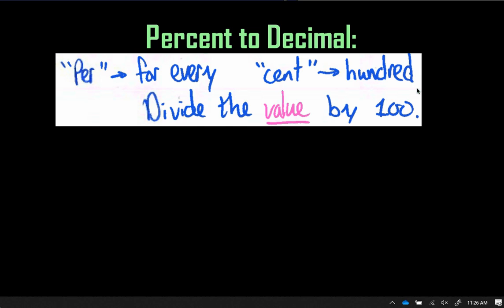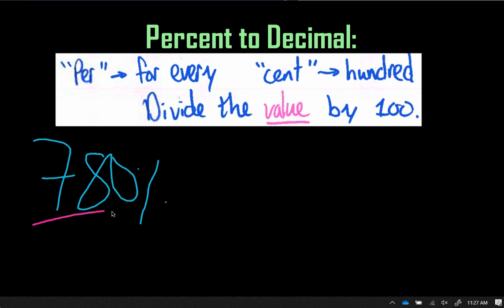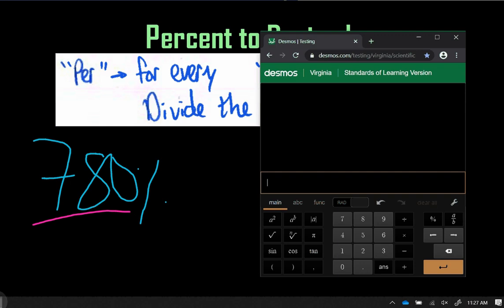Let's say you have 780%. All you have to do is take that value and divide it by 100. If you take your Desmos calculator, I have 780, and then divided by 100.